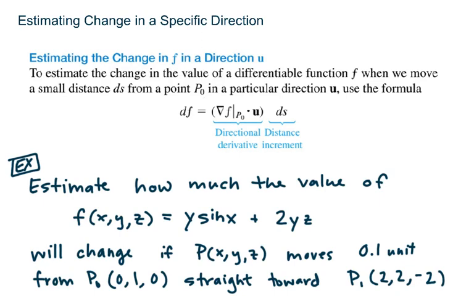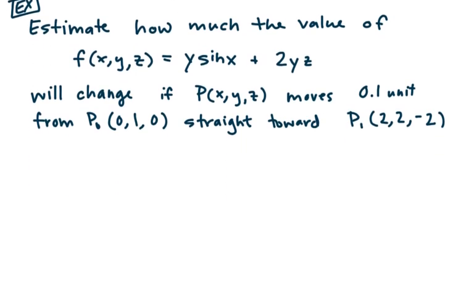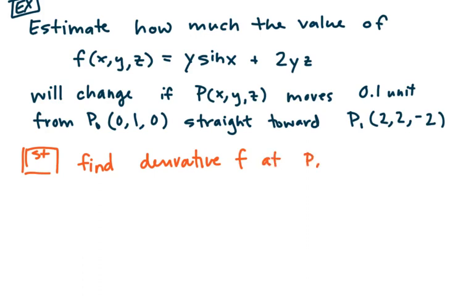Okay, so what should we do? Well, the first thing we're going to need to do is to find that first derivative. So step one, we're going to find the derivative of the function at p naught in the direction that we are moving.